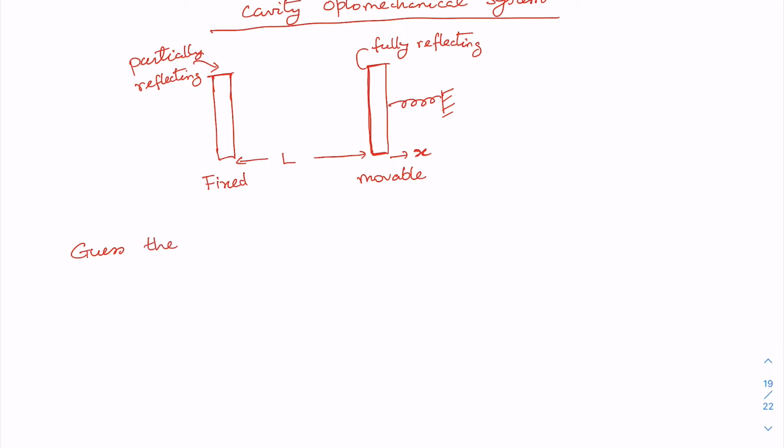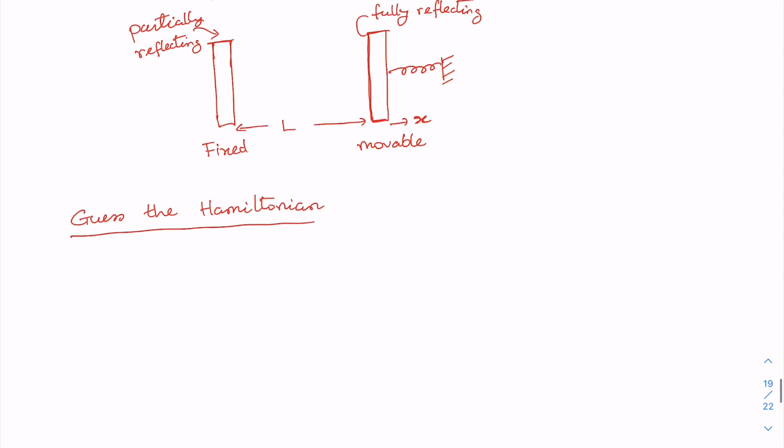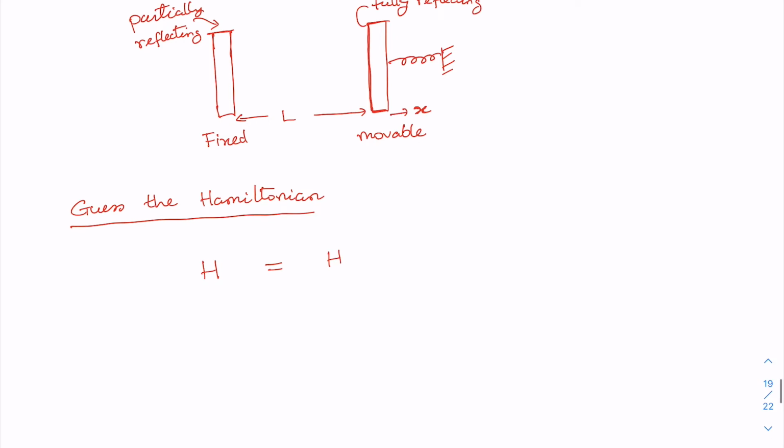Let us now guess the Hamiltonian, which is not very difficult, because you know that the total Hamiltonian of the system, let us say H, is due to contributions of various parts. One contribution is going to come from the optical photon inside the cavity.